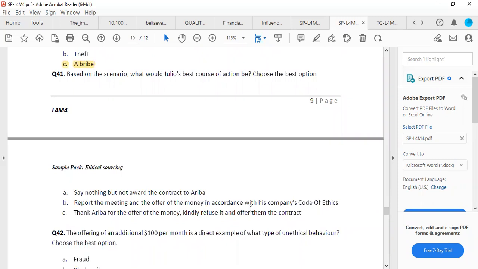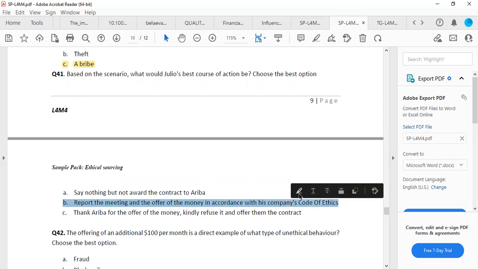Based on the scenario, what would Julio's best course of action be? Choose the best option if you were in his shoes. Report the meeting and the offer of the money in accordance with his company's code of ethics. Say no, but not award the contract to Ariba.